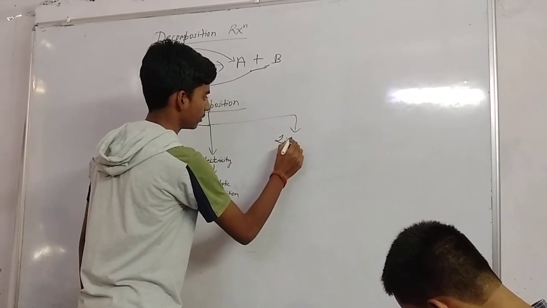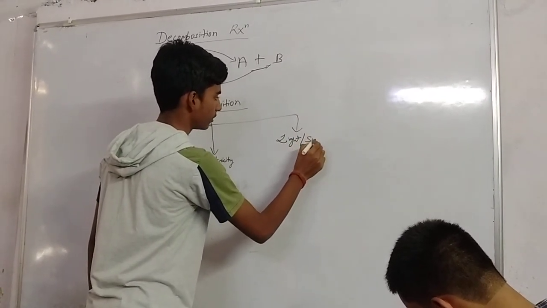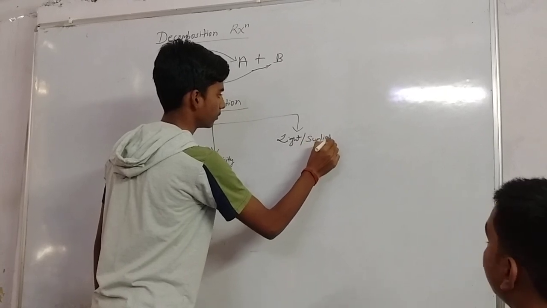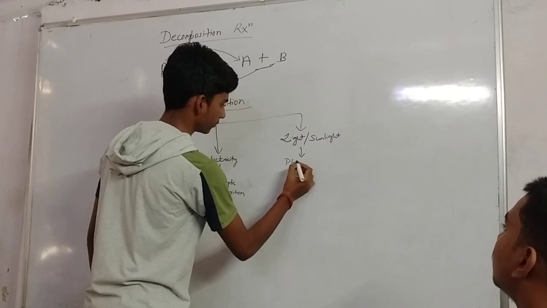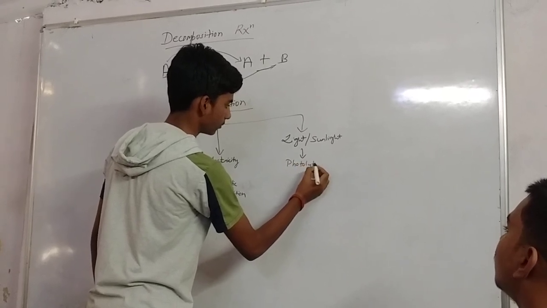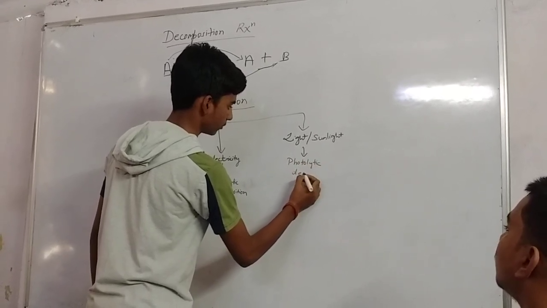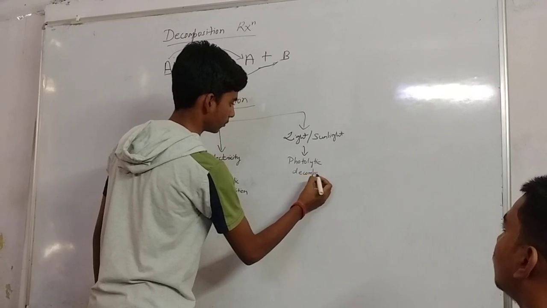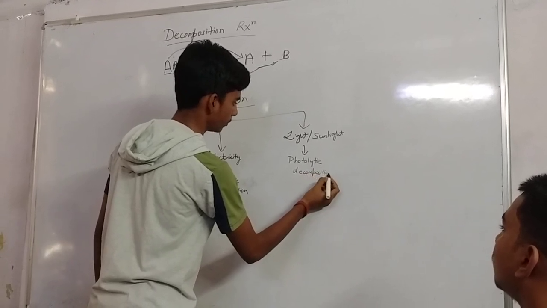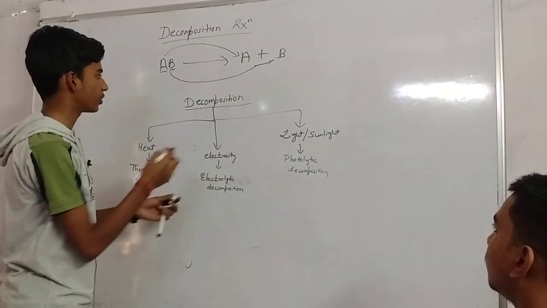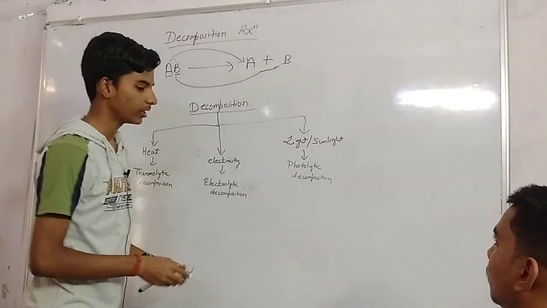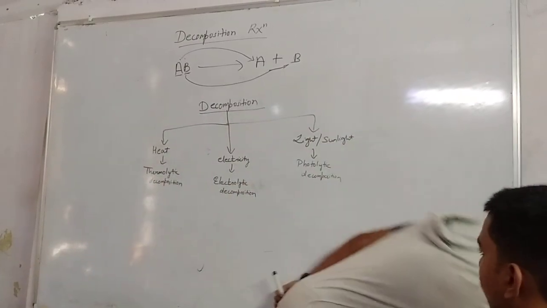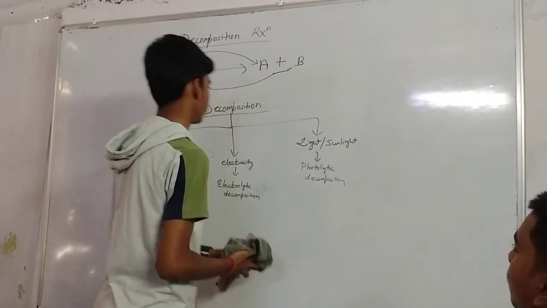So light or generally sunlight, then it will form photolytic. So these are the three types of decomposition reaction on the basis of what form of energy we supply to the reaction. Okay. So first we will discuss thermolytic decomposition reaction.